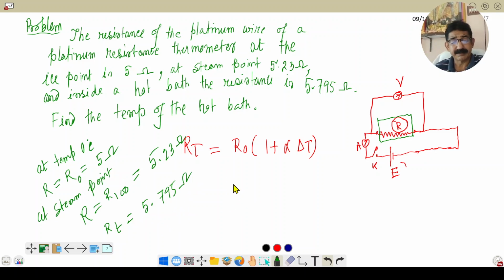Now we can say R100 is equal to R naught into 1 plus alpha into delta T, where the temperature range from 0 degree centigrade to 100 degree centigrade gives delta T equal to 100.